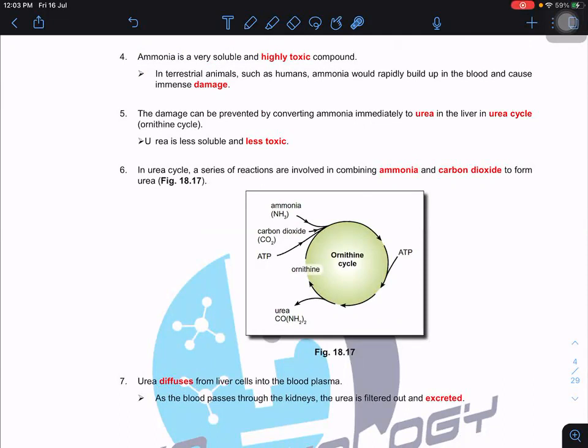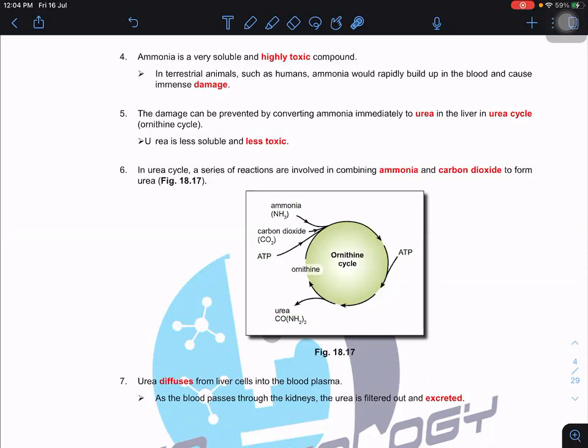So if you want to transport ammonia in high concentration in our blood from the liver to the kidney, it will cause problems and toxicity. Therefore we have to convert the ammonia into urea, which is less soluble and less toxic. When it is less toxic, you can carry it in a higher concentration to be excreted.